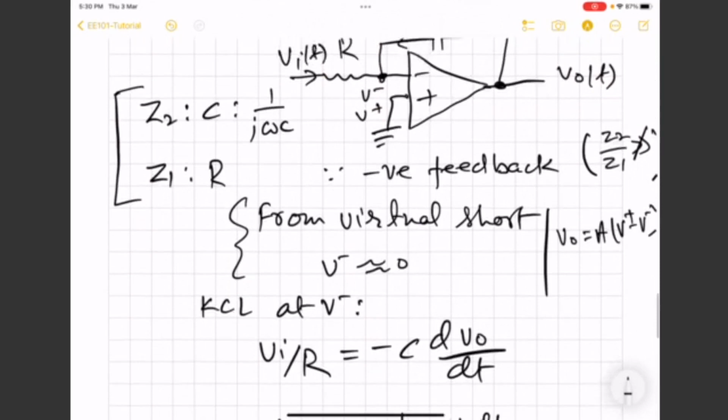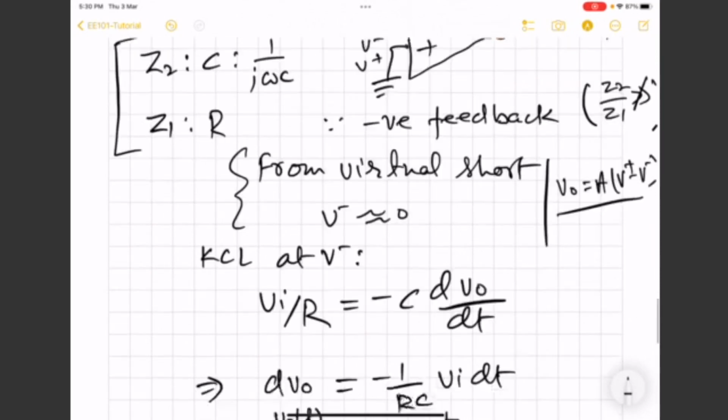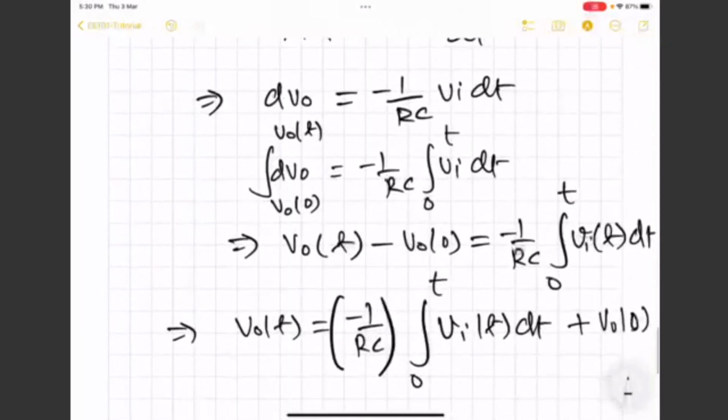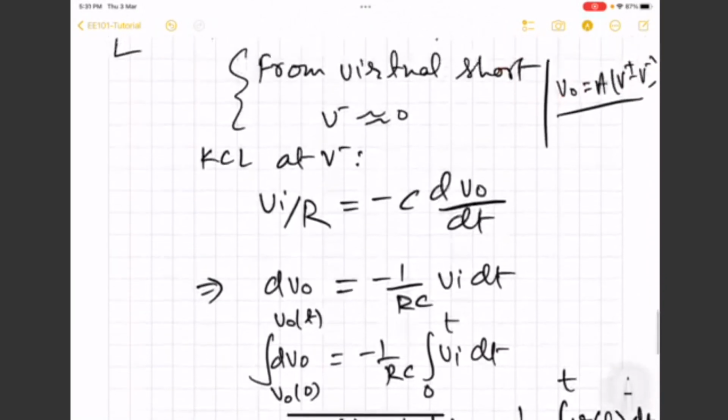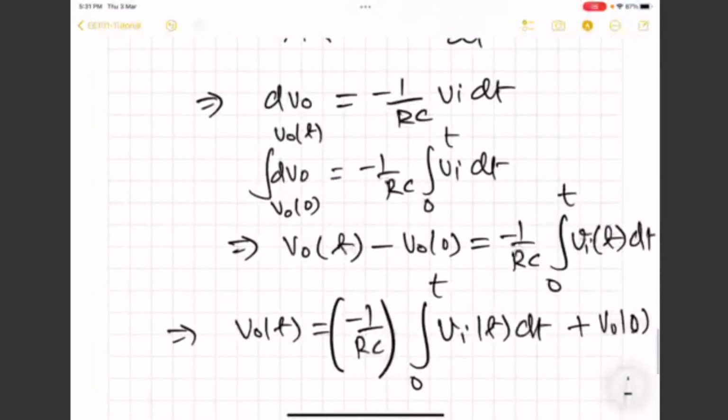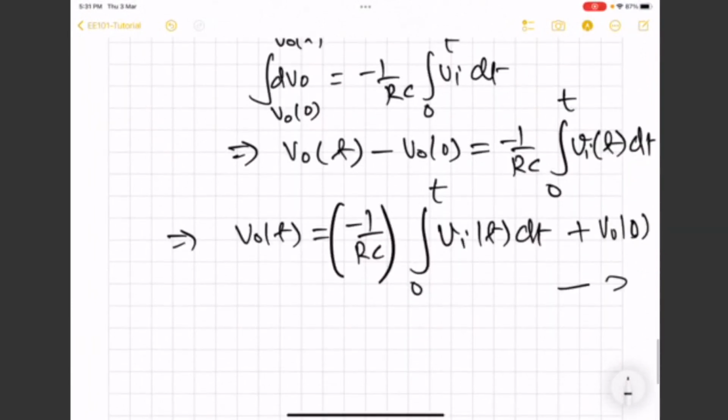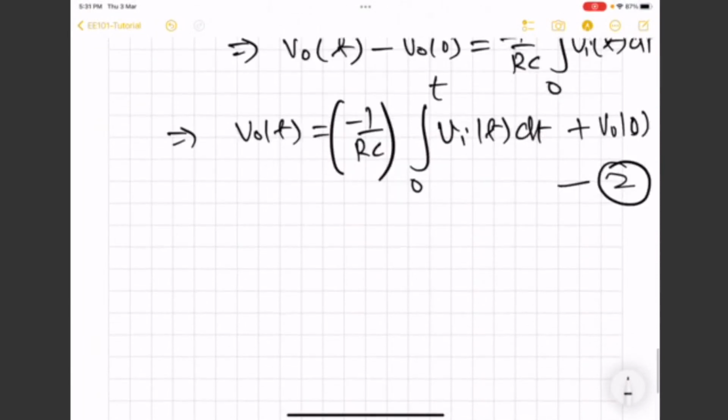Using this universal formula, one can find out the output, and there one can then impose the condition that gain A is very high, and one will invariably arrive at this equation, which when integrated leads to what we have here in equation number 2. Okay, so this is one of the applications.